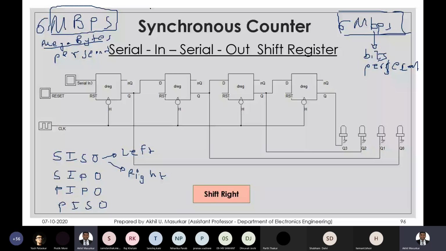Now you can see here, this is a very simple thing. You can give data here, one, whatever you want, and it will flow through the flip-flops, and you can observe it on Q3, Q2, Q1, and Q0.